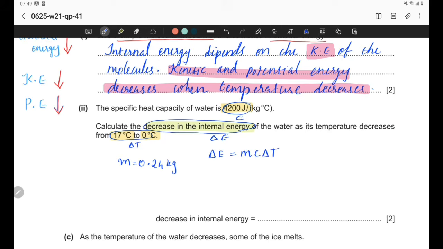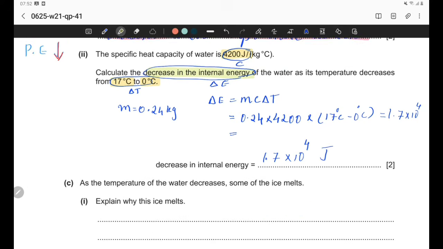So here we have all the values: the mass is 0.24, which is given in the first part, times specific heat capacity 4200, times change in temperature, 17 degrees Celsius minus 0 degrees Celsius. So our answer is 1.7 times 10 to the power 4, and since it is energy, the unit is joule.